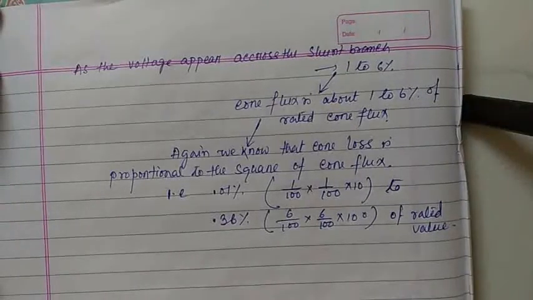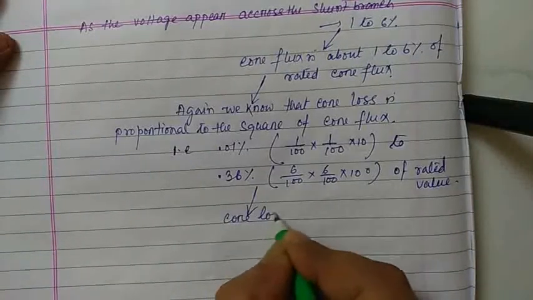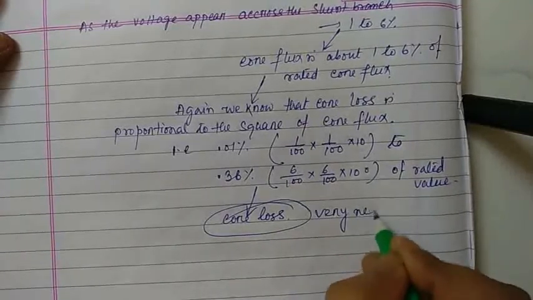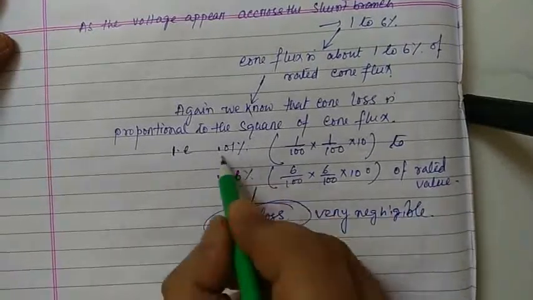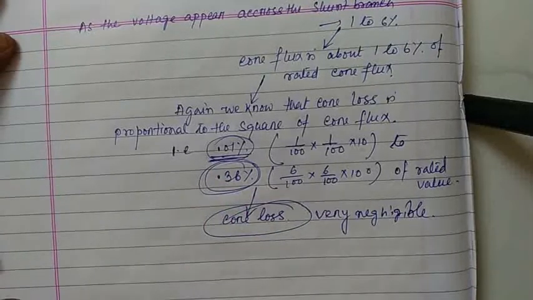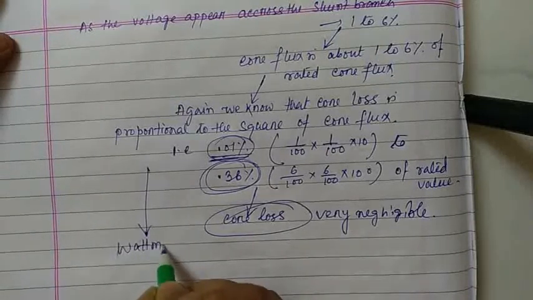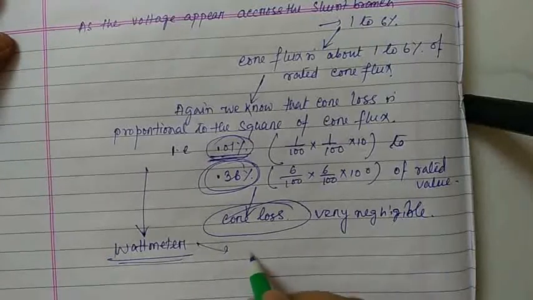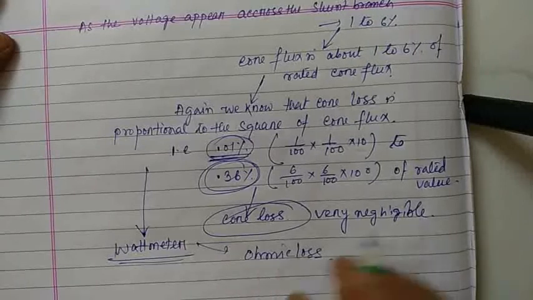So core loss is very negligible, because it is about 0.01 to 0.36% of rated value. Now the wattmeter shows only the ohmic loss, as the core loss is negligible.